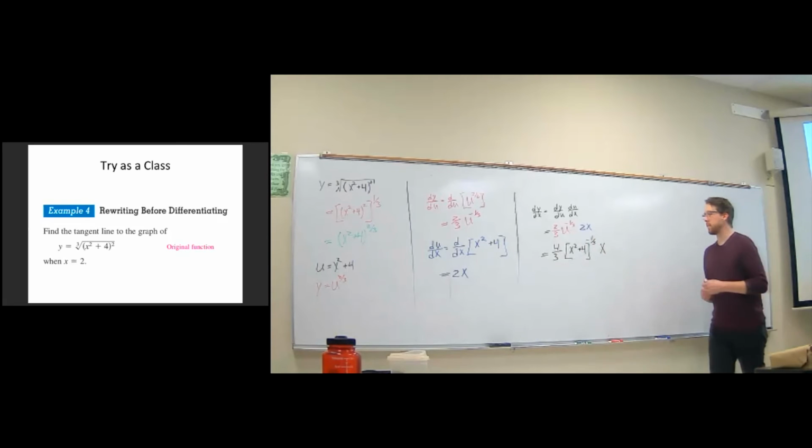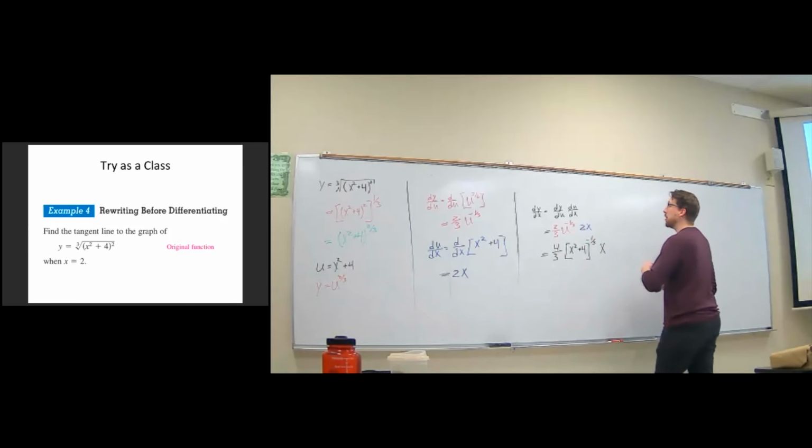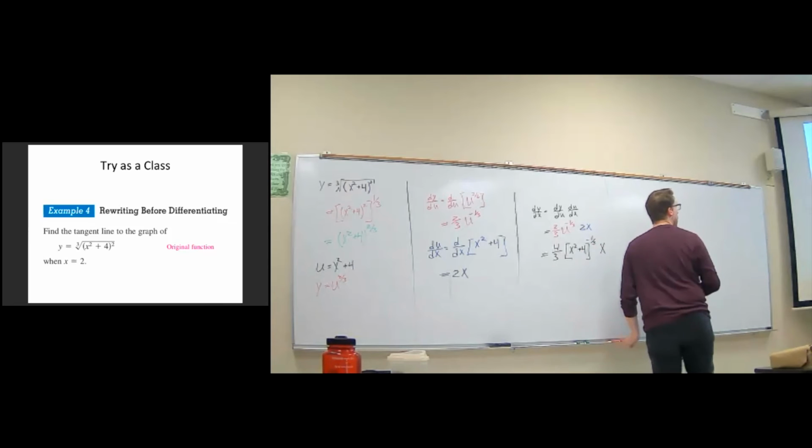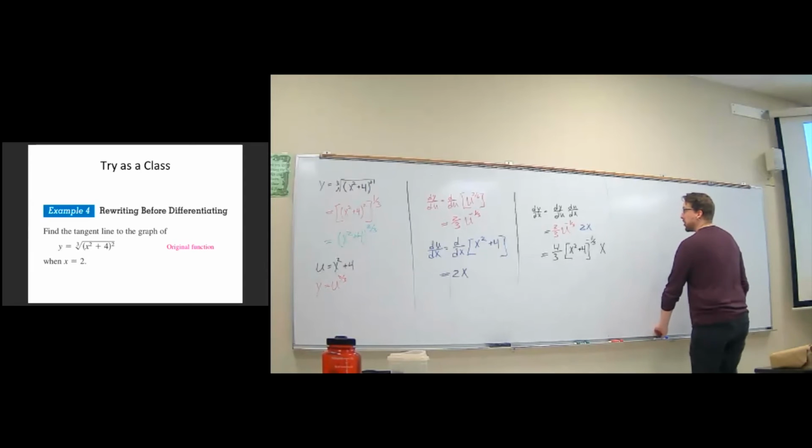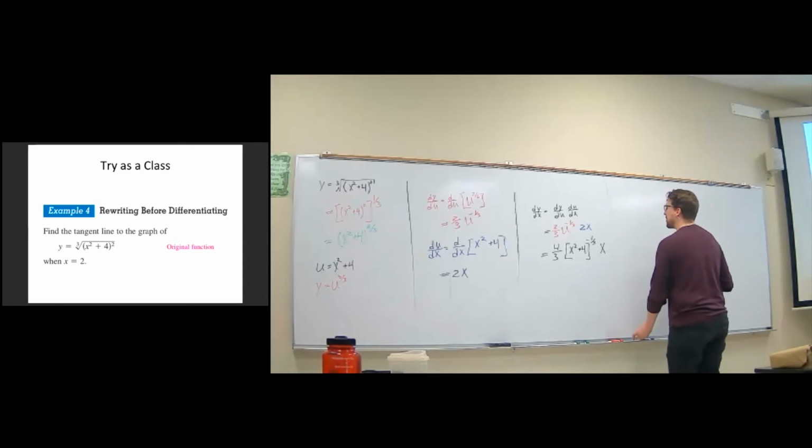Okay, so this gives us dy dx. Now the question asks for the tangent line of the graph when x is equal to 2. So we got the general equation to find the slope with. Now we're going to have to actually find the slope.